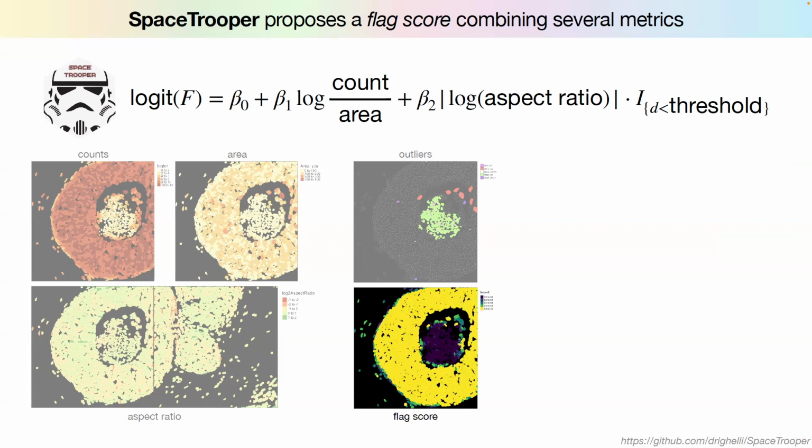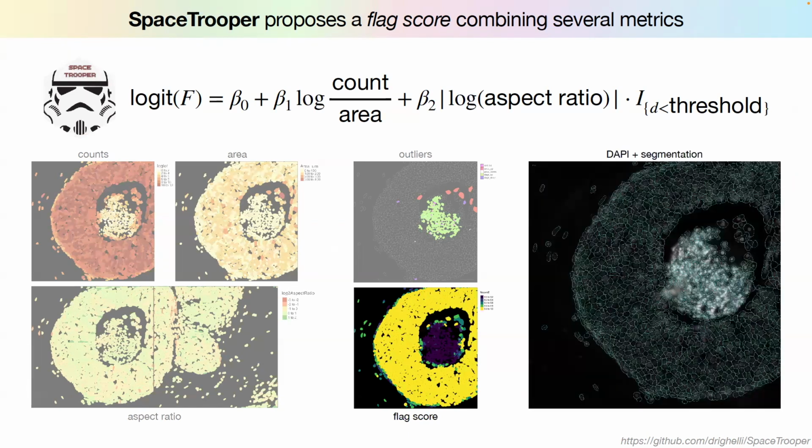And then we say, okay, these are the actual bad cells based on a combination of quality control metrics. And in that case, that makes a lot of sense because those are not cells.